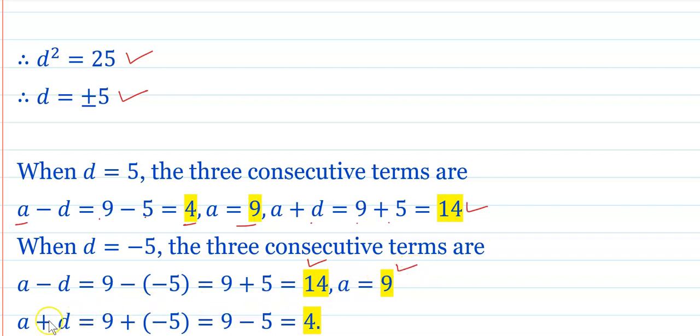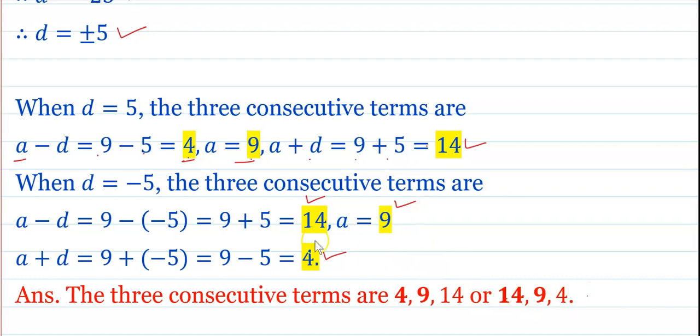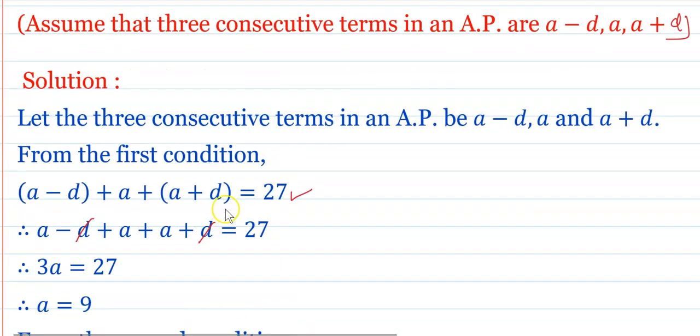The 9. Next, a plus d, that is 9 plus in bracket minus 5, 9 minus 5, you will get here 4. And hence the 3 consecutive numbers या प्रकारे: first is 4, 9, 14 or 14, 9, 4. तुम्ही बघू शकता हे पुन्हा एकदा.